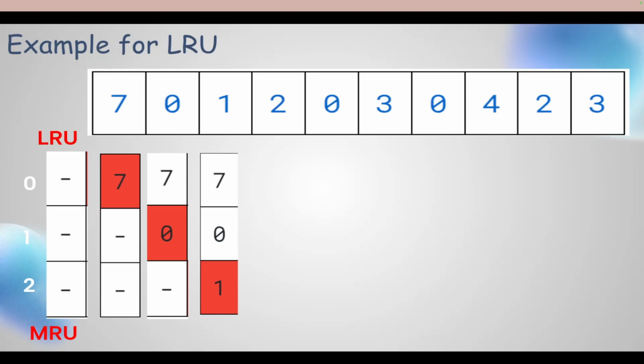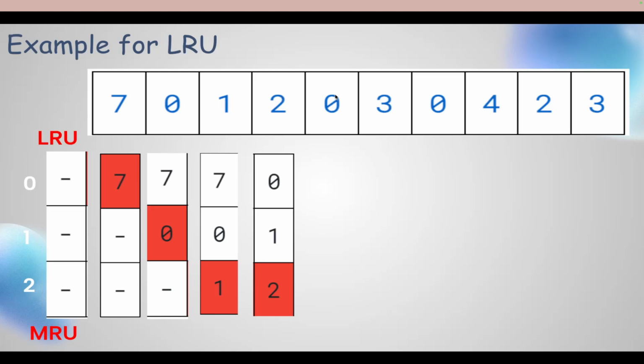In this case, block number 2 isn't in the cache. And when the cache is full, it will delete the least recently used data. In this case, number 7. It will put number 2 at the bottom and push the rest up to the top. You have a result here.